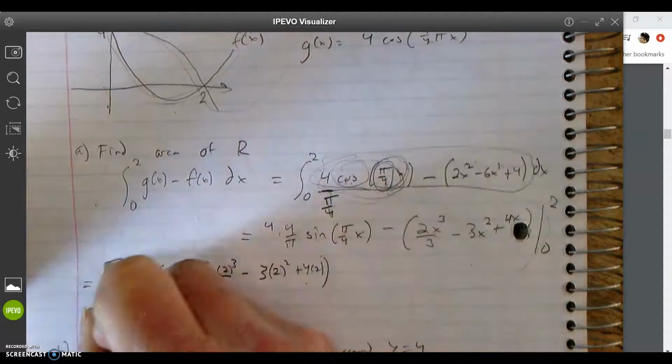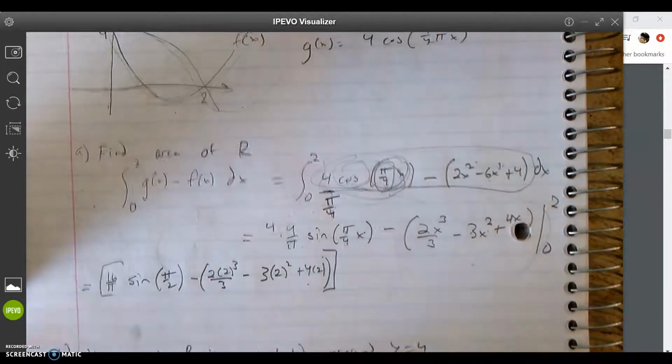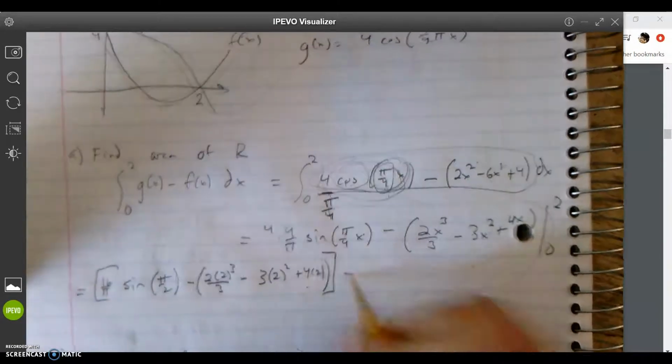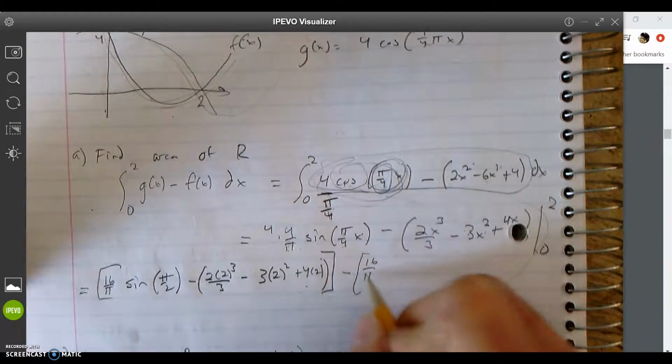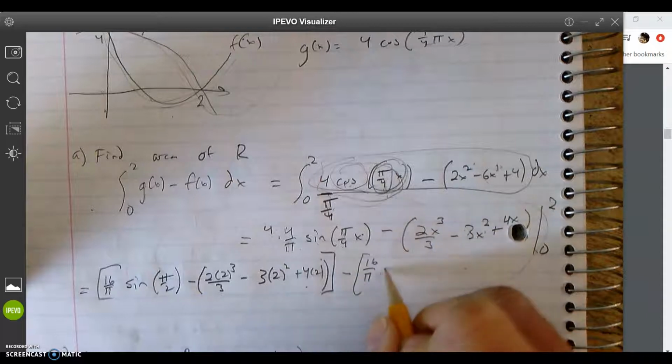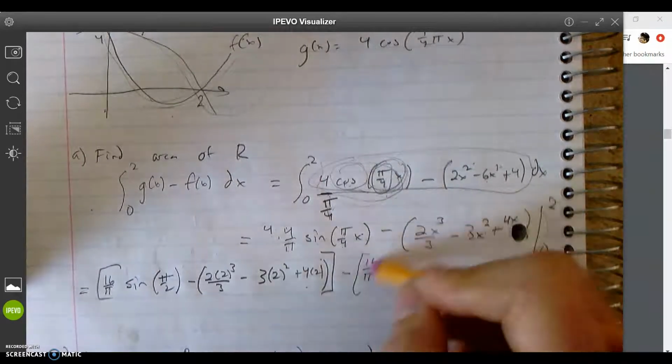This is all going to be in brackets. Now I'm going to subtract, and plug in 0 to all this. So it's going to be 16 over pi times, sorry, not cosine, I mean sine.